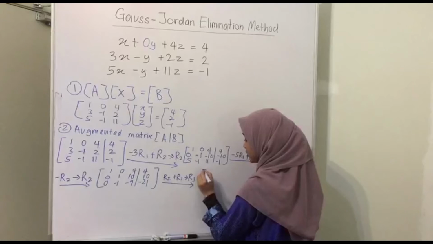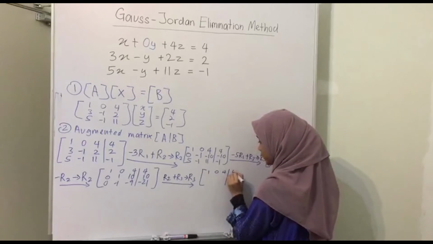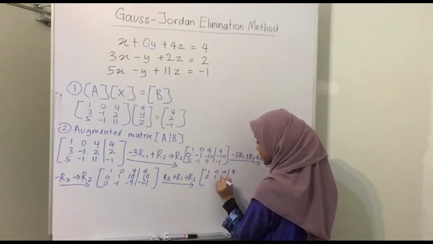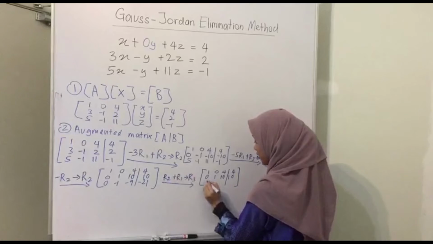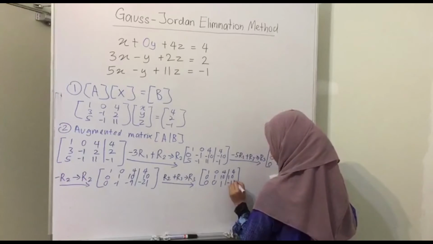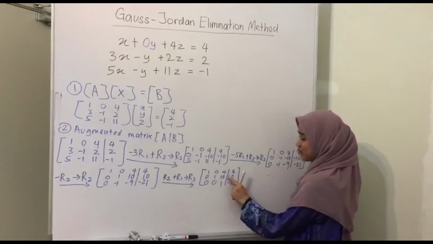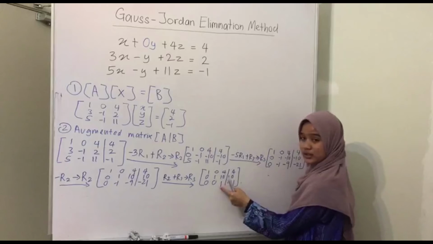Okay, so here will be 1, 0, 4, 4, 0, 1, 10, 10, and for row 3, 0, 0, 1, -11.